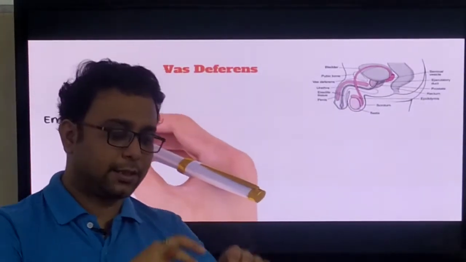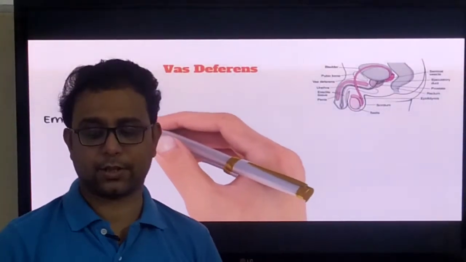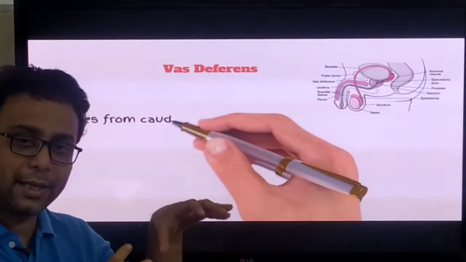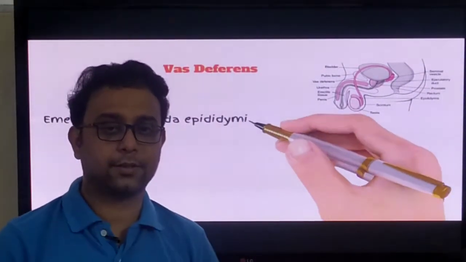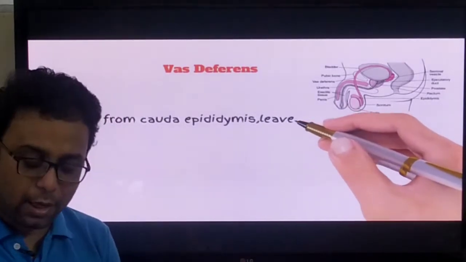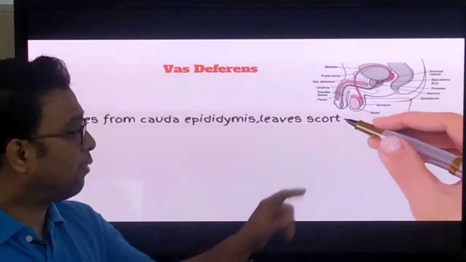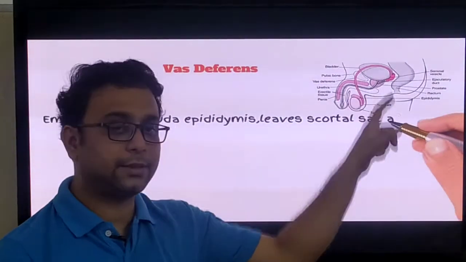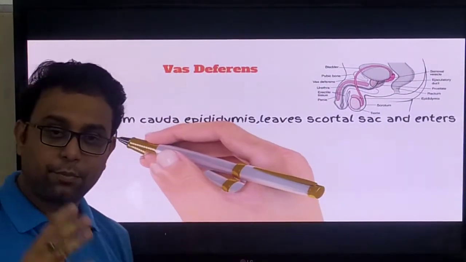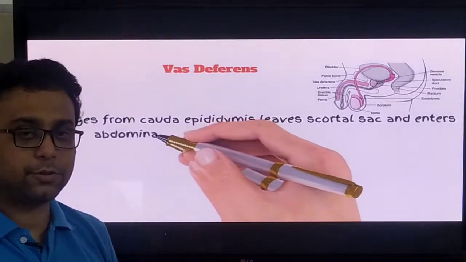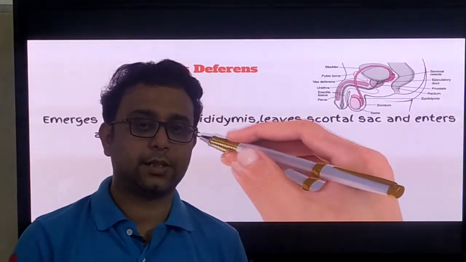The vas deferens is a long pipe-like structure which emerges from the epididymis. But what is the function of the vas deferens? The function of the vas deferens is that it carries the sperm. That is the most important function, because sperm are produced in the testis.